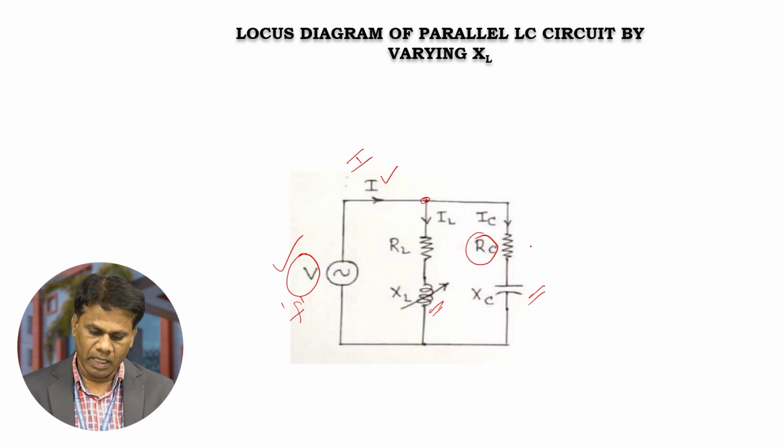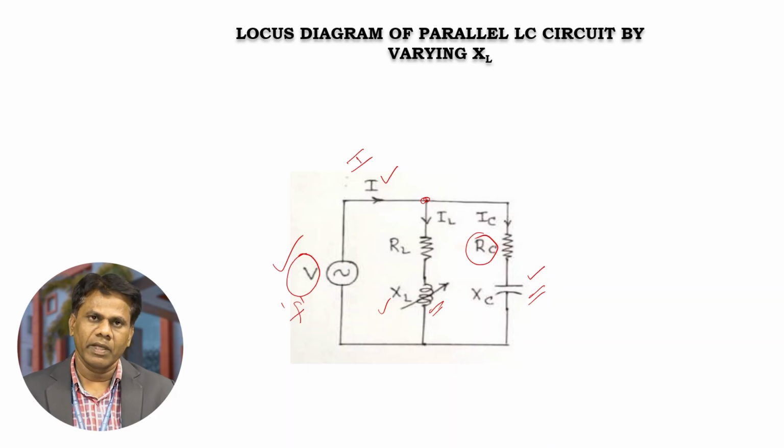IL is the current flowing through the inductance in this branch, and IC is the current flowing through the capacitance in this branch. This is the parallel LC circuit.